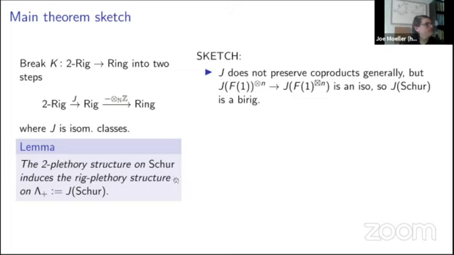But to go through with the entire proof, we do also come up with a thing which has something like negatives. We have what are called Z2-graded Schur functors, which is like the category of Schur functors but has negatives, and that's a critical ingredient in the full proof that the 2-plethory structure descends to the plethory structure on the ring. Great. So there is something at the categorified level.